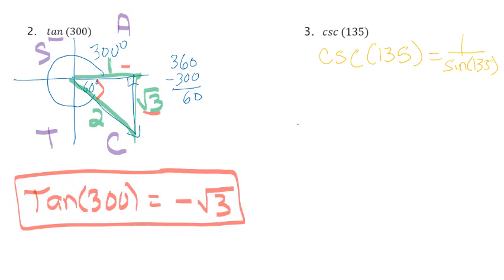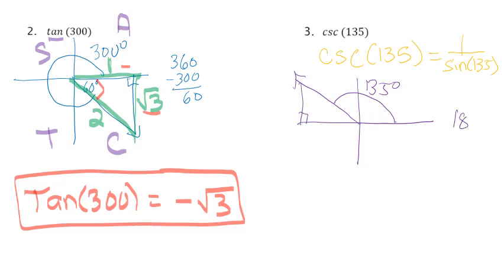So 135, if I sketch it, is actually going to be in quadrant number 2. If I calculate my reference angle, I'm going to do 180 minus 135. We get 45 degrees. Again, we should hopefully recognize that's a special right triangle. And I would have 1, 1, and radical 2.